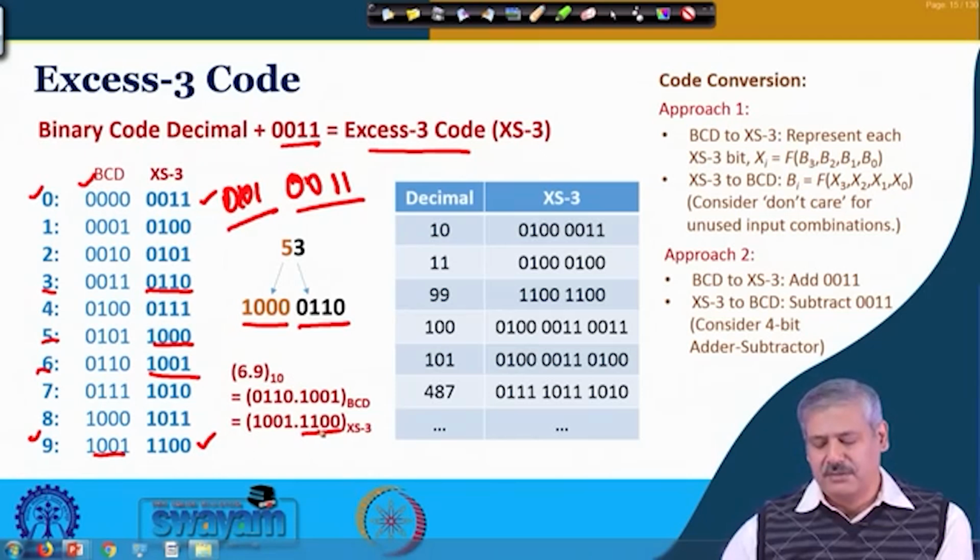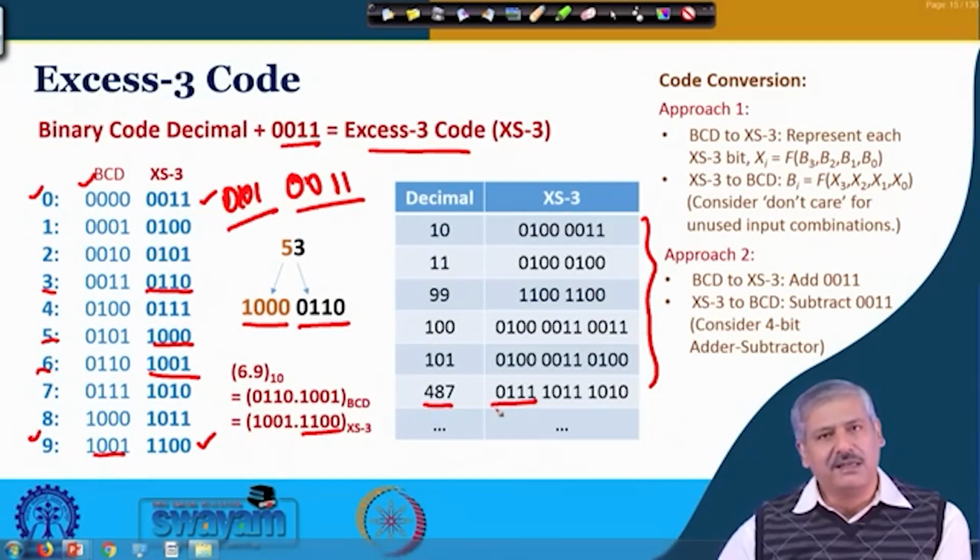This is the representation for many other cases. For example, if you want to represent 487, 4 is 0 1 1 1 in XS3, 8 is 1 0 1 1 and 7 is 1 0 1 0. This is the way the number will be represented.